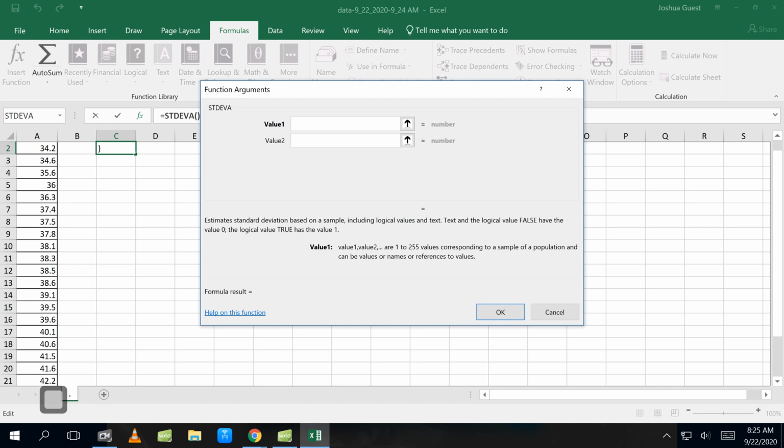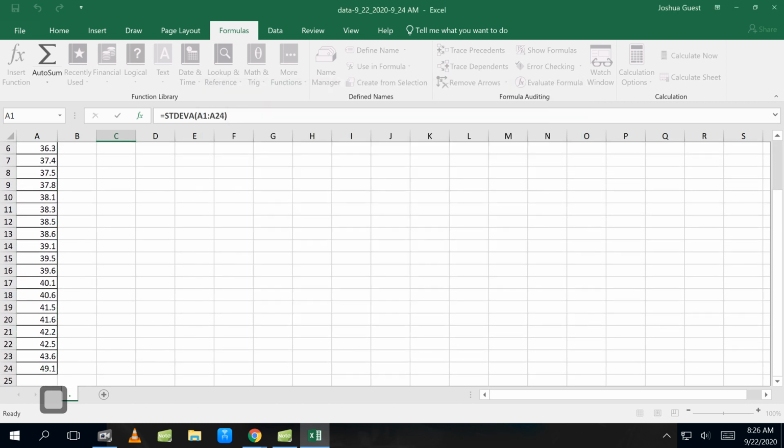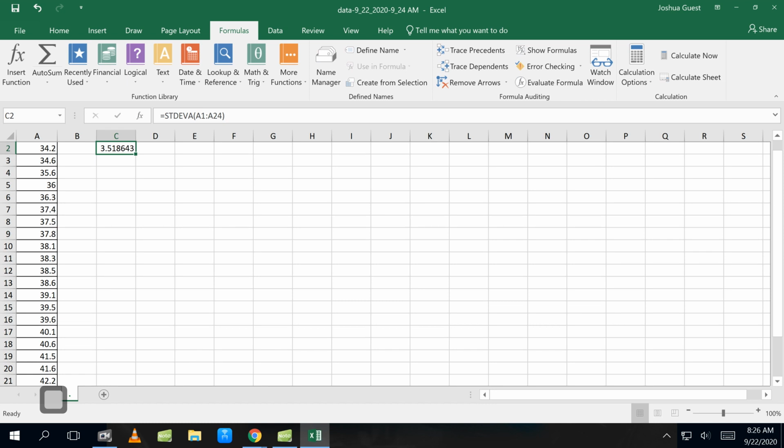Value one. Estimate standard deviation based on a sample. Okay, so let's do this.